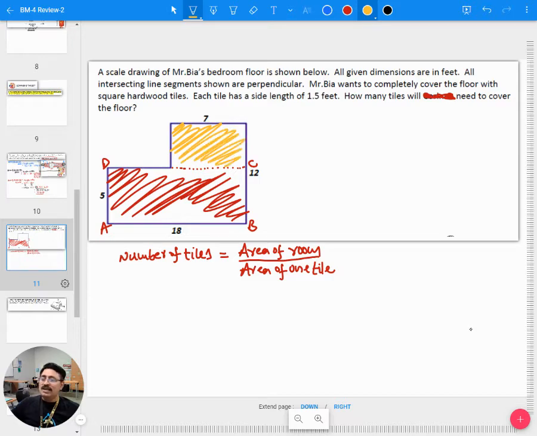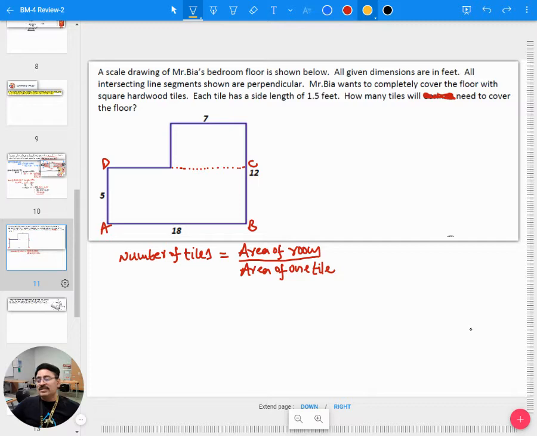So there are two rectangles. The first one is ABCD. Otherwise, let me take a highlighter. This is one rectangle ABCD, and the other one is unshaded.